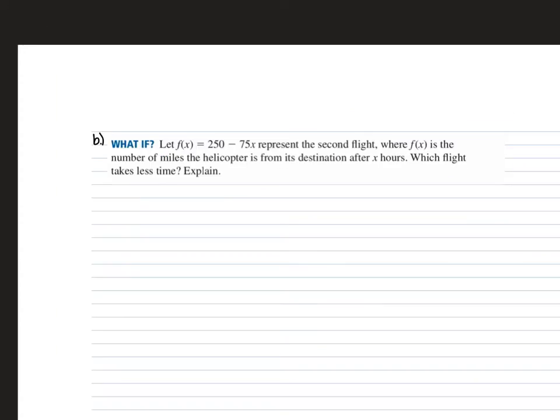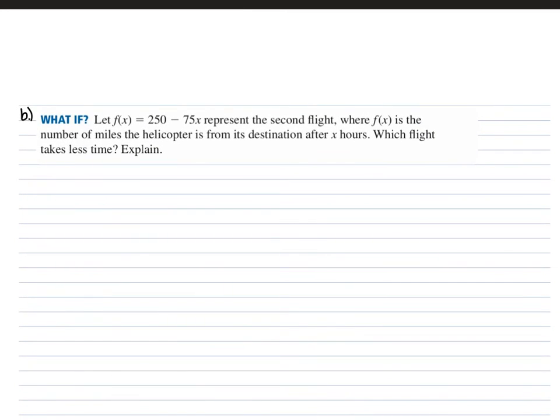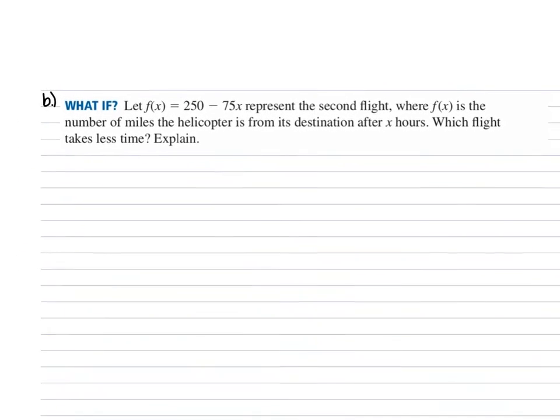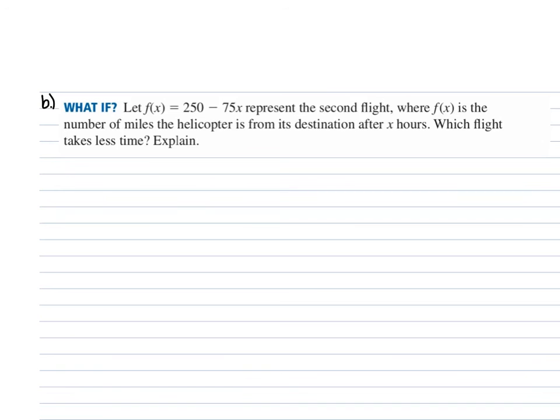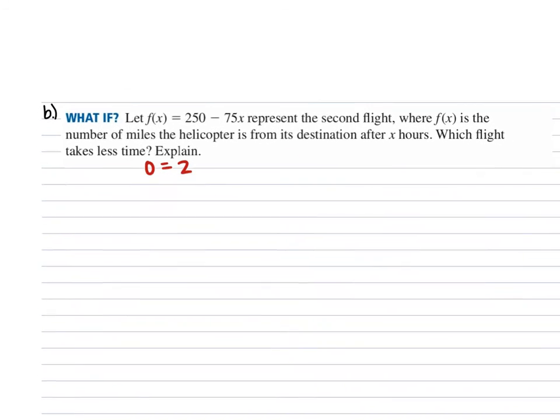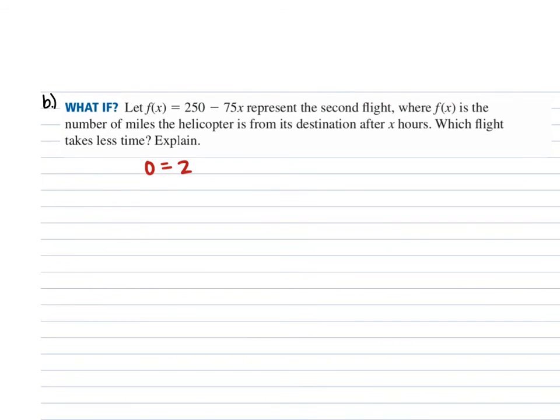For our last example, it tells us that f of x is equal to 250 minus 75x, and it represents the second flight. We already know that the first flight took 3 hours, so we're going to do the same thing, set this equal to 0. And then from here, I'm going to just move that 75 over by adding it to both sides.